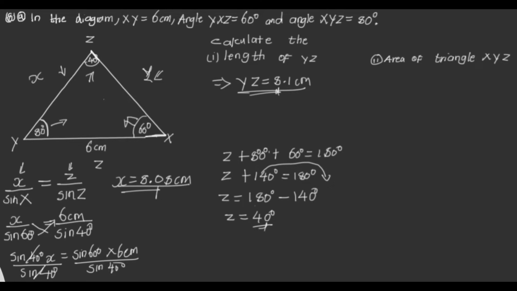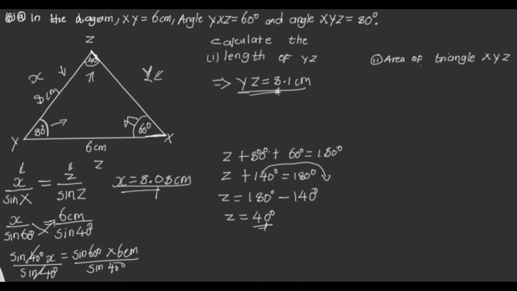So this is our missing distance, or we can round it off to the whole number, so we have 8 centimeters as our distance YZ. So this is the answer for part 1. Now we move on to part 2.